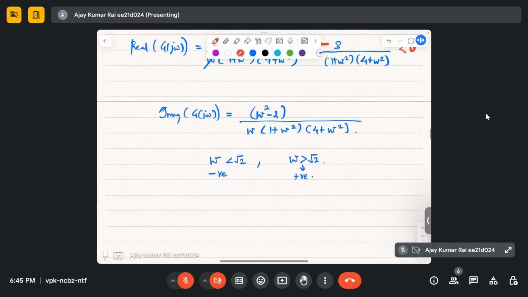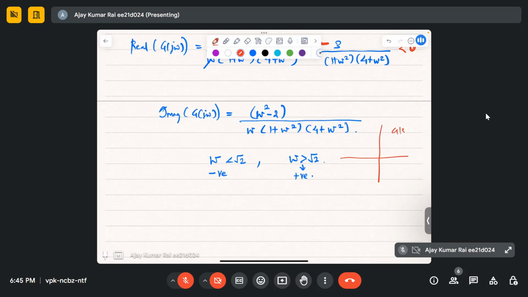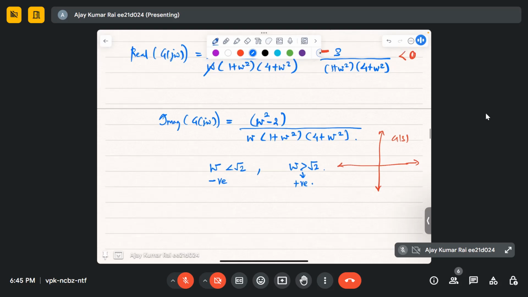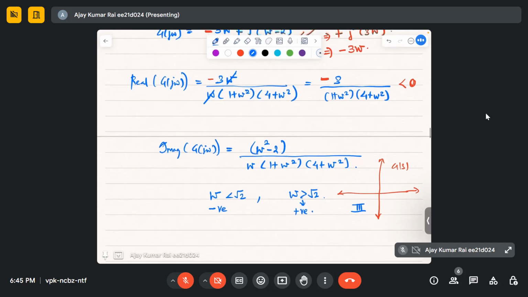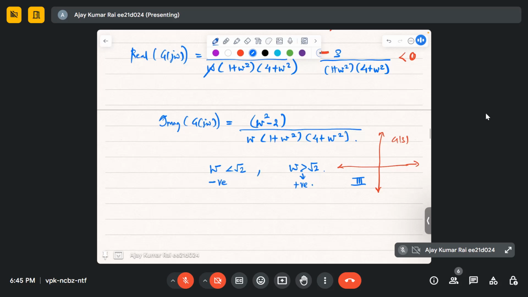Okay, so what we can expect, because I want to plot this G of s. Okay, so what is real part negative and imaginary part negative? This is third quadrant, right? And the real part negative and the imaginary part positive, this is second quadrant.